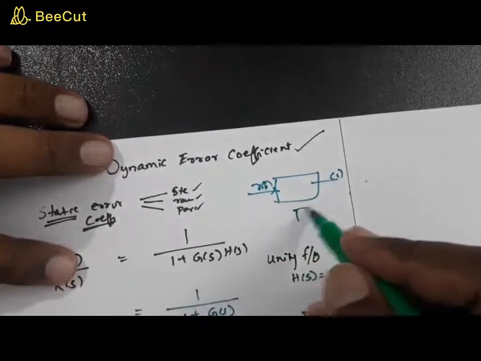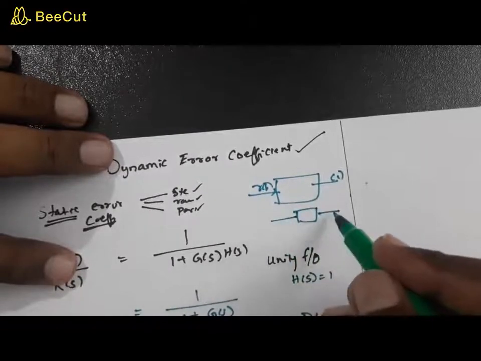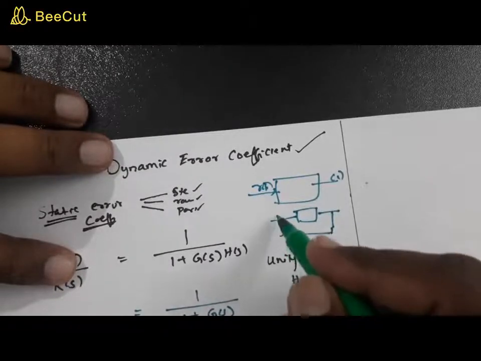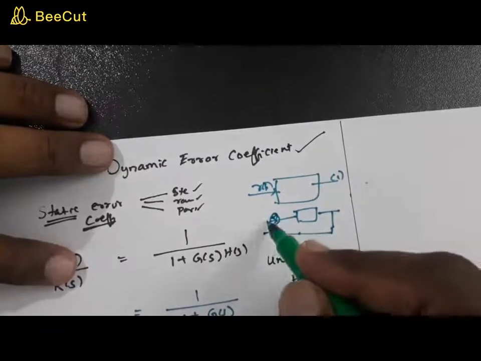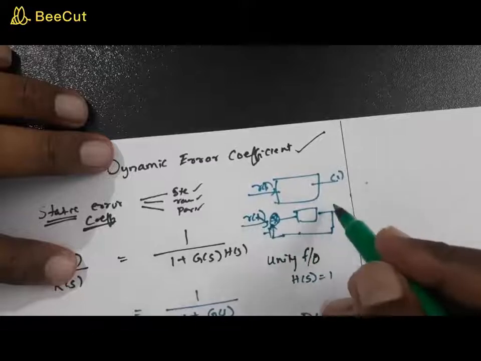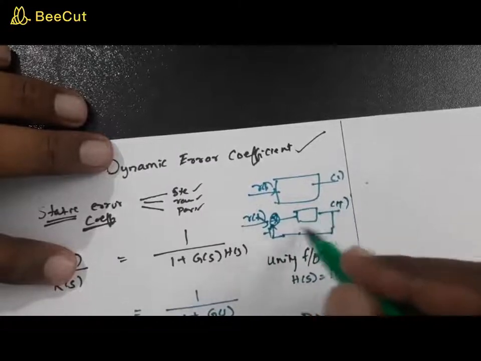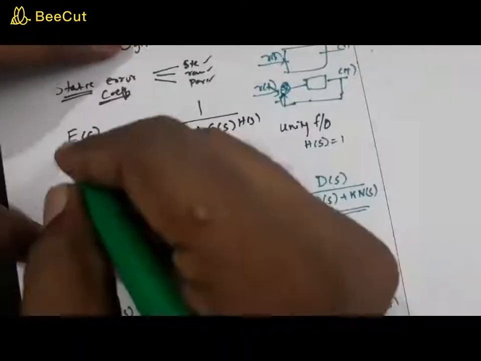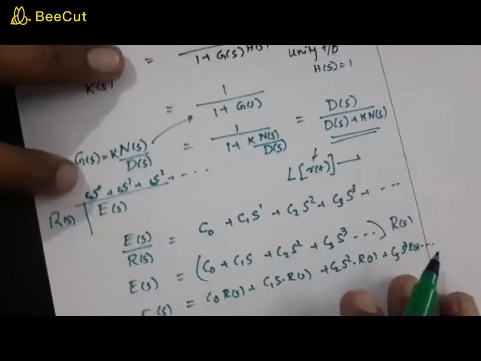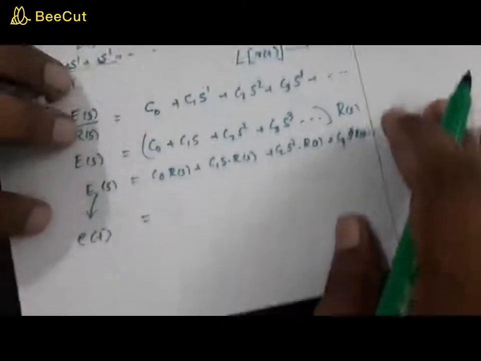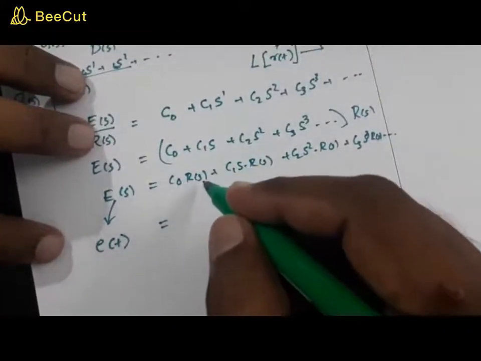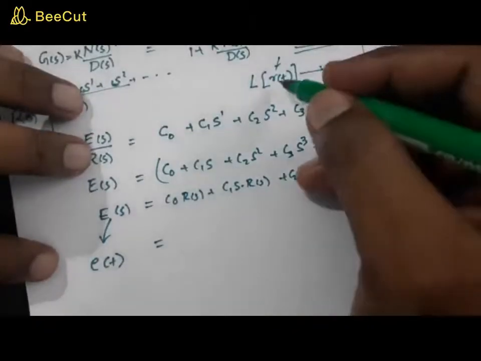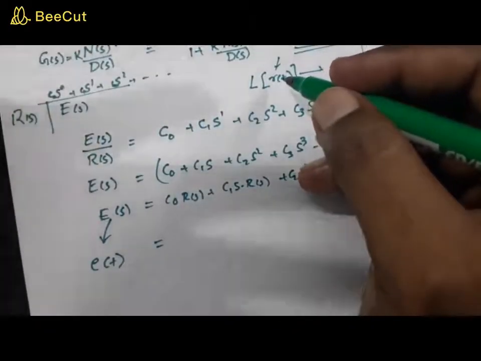Or to be specific, you are considering a unity feedback system like this, with a negative sign, this is your r(t), this is your c(t). When you found this error, you can find E(s)/R(s) to be 1/(1+G(s)). All these things we have proved earlier. Now when you take the inverse of this, we know this is R(s). Do remember, this r has nothing to do with the ramp. This is a general input.